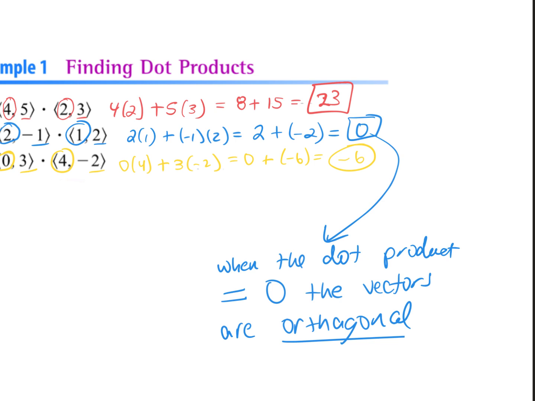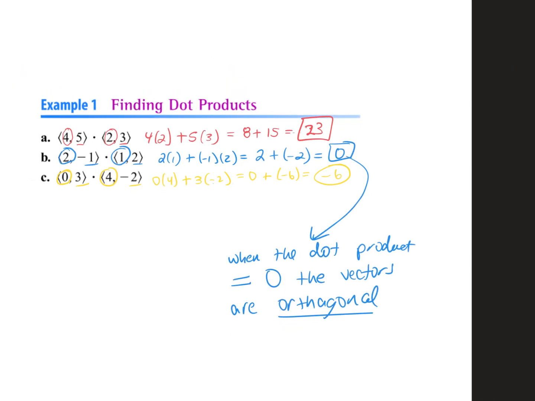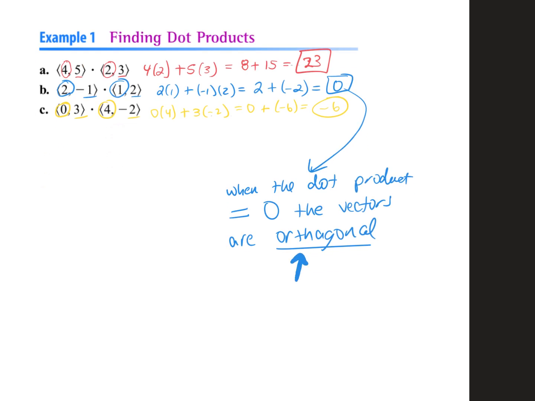Anybody ever heard that word before? Leland, you might have in physics. When the dot product equals 0, vectors are said to be orthogonal. You all know what that means? That means they meet at a 90-degree angle.